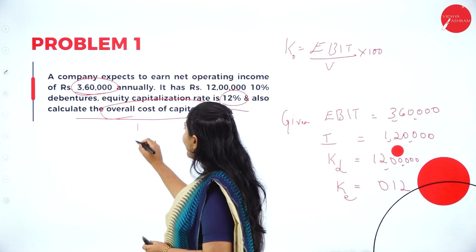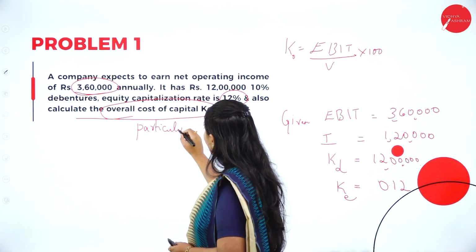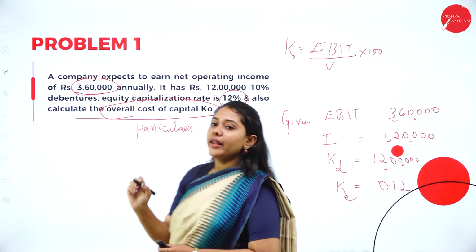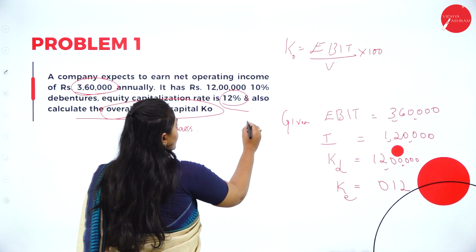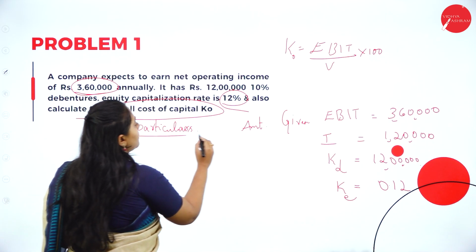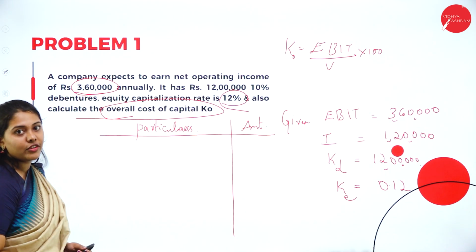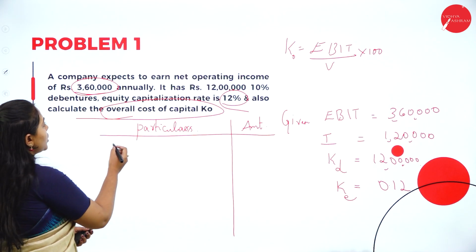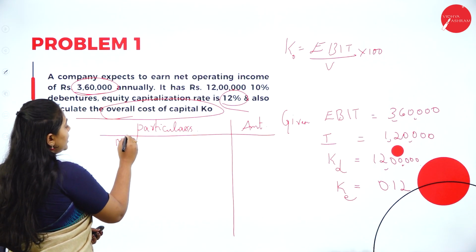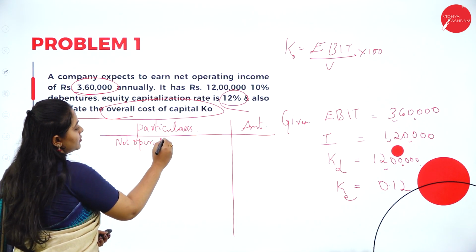So what is the format that we have used? Particulars, then amount. What is the first thing we have to calculate? We have to consider net operating income or EBIT.